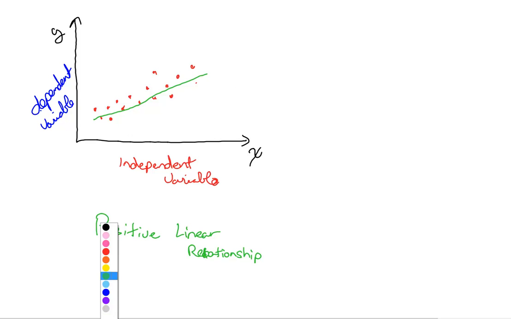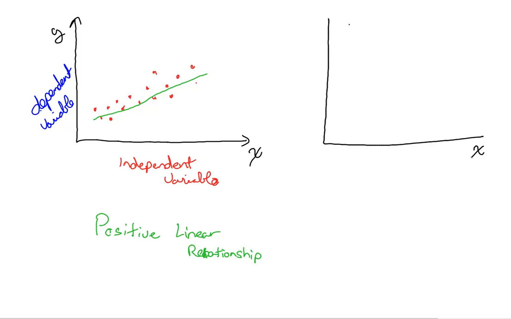Let's look at another way that this could look. And that would be if I had this. This is my x. This is my y. Still the dependent variable goes along the y. The independent variable goes along the x.